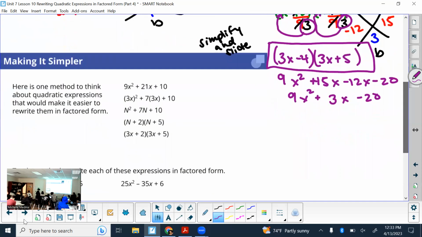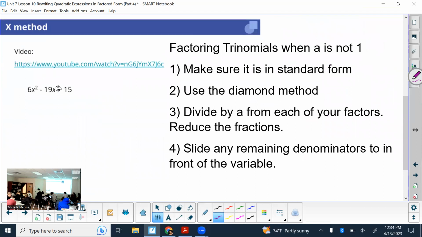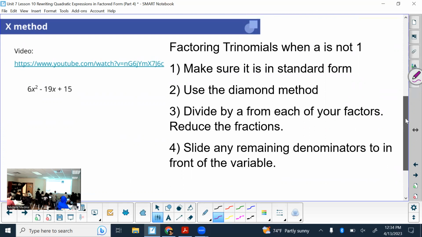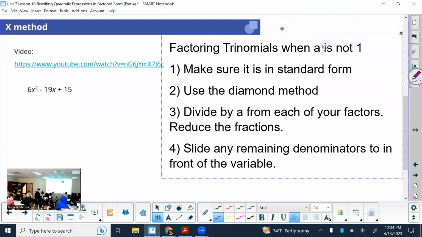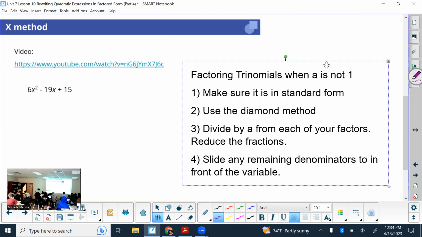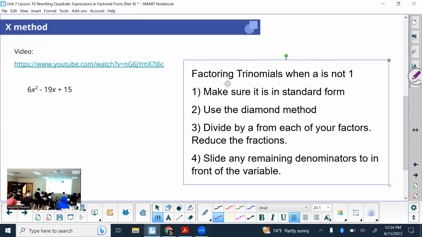So the one I'm gonna have you try is going to be this one. It's on the back, kind of towards the bottom. 6x squared minus 19x plus 15. And here's some steps typed out that you might want to consider putting in your notes, so that you can use them as a guide, because I just showed you the one example. So make sure it's in standard form. Use the diamond method.